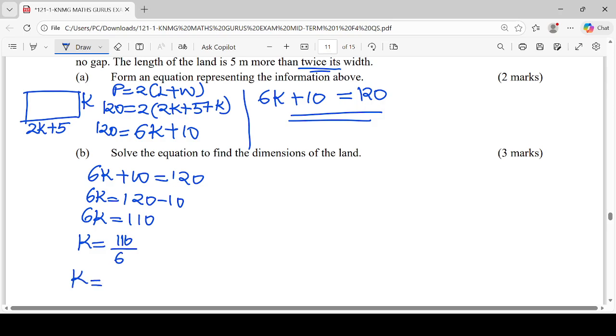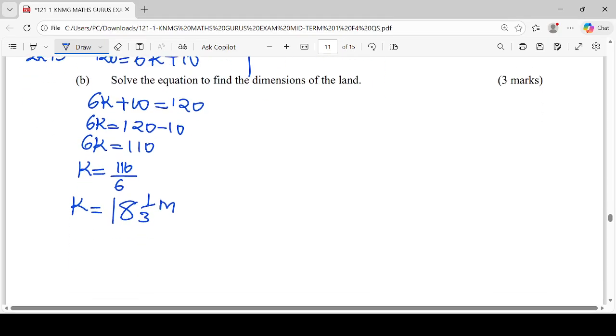So using your calculator, dear learner, when you take 110 and divide by 6, the value of K is 18 and a third meters.